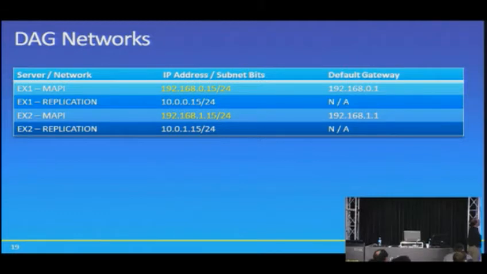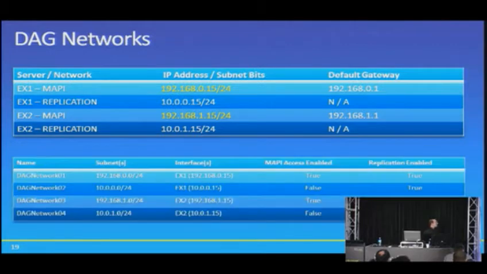Same thing with the replication. For server 1, it's on 10.0.0, and for server 2, it's on 10.0.1. So now I have four subnets instead of two. So how many DAG networks is that going to enumerate for me? Shout it out if you know it. Yes, awesome, four. That's right, one for each unique subnet. We've got four subnets here.